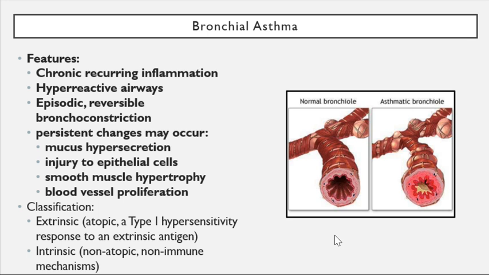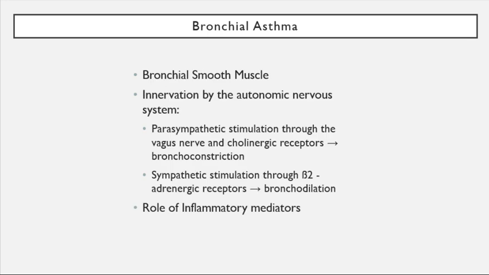There are different classifications, but y'all don't really need to know that. We're going to require y'all to know intrinsic and extrinsic causes. Extrinsic is your immune system causing this inflammation, and intrinsic can be something wrong with the bronchioles themselves.